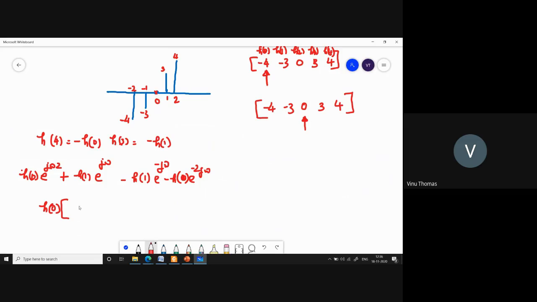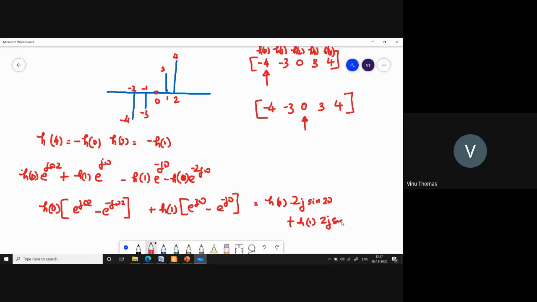So h of 0 into e raised to j omega 2 minus e raised to minus j omega 2 plus h of 1 into e raised to j omega minus e raised to minus j omega, which can be written as h of 0 into 2j sine 2 omega plus h of 1 into 2j sine omega.